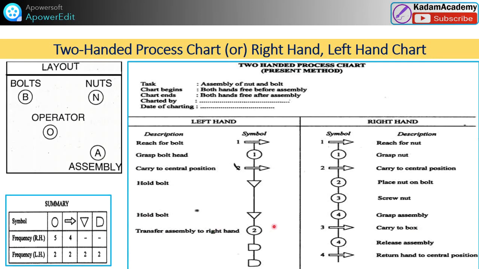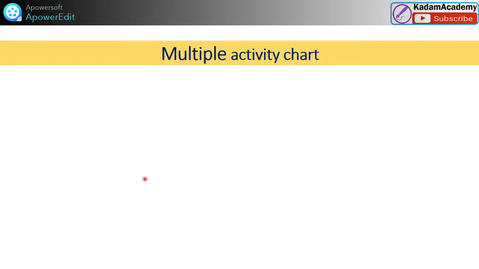Hold the bolt, till this it will hold the bolt, and transfer the assembly to the right hand, and that will be kept on the right hand, carry to the box and release the assembly here at place A. Then return the hand to the central position. So like this, both hands are free after assembly. This is the detailed study. We are clear on this idea.